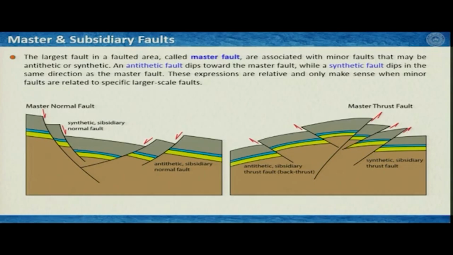So, the first illustration here is a modified version from Professor Jean-Pierre Burg's illustration. What we see here is that this is the master normal fault, and then it produced a synthetic subsidiary normal fault. The spelling is wrong here, it should be subsidiary.